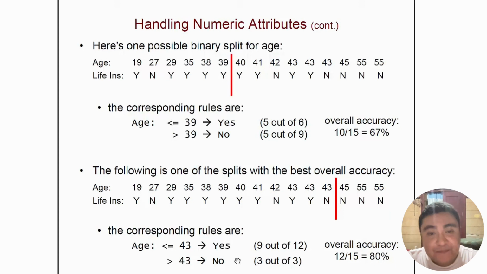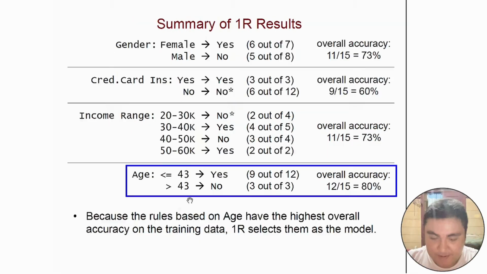Most likely, if we do this split and have another set of unseen data, our testing sets, and base it on the numeric attribute age, our prediction will be 80%.